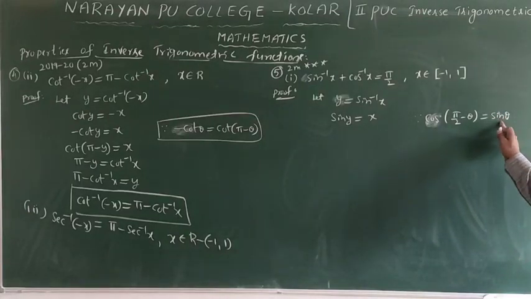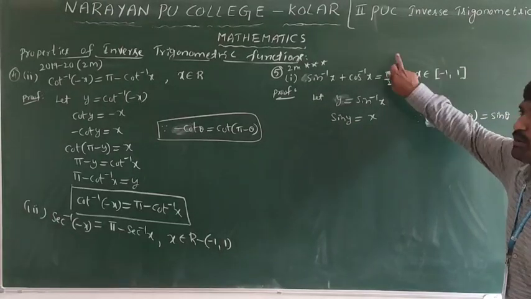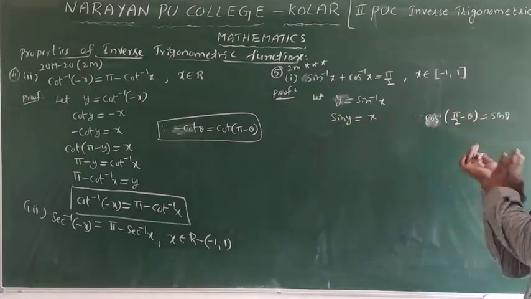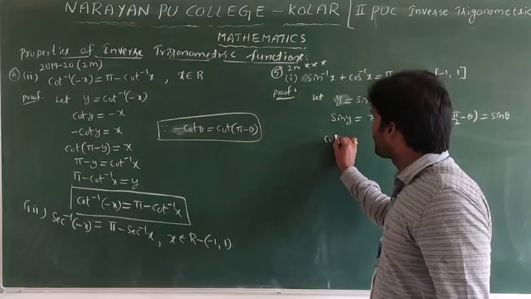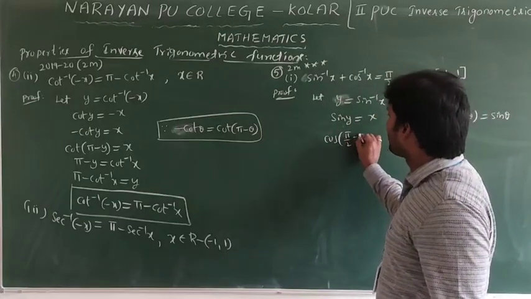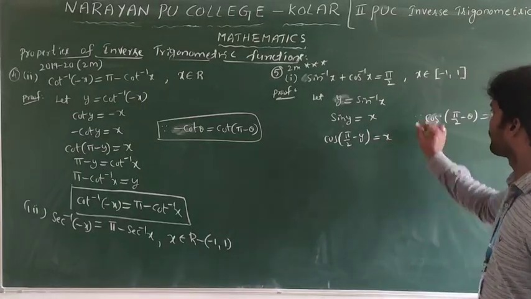Sin theta we can convert in terms of cos, because the term is rectified in terms of the pi by 2 angle. That's why I will change this sin y in terms of cos. Sin y I can write as cos of pi by 2 minus y equal to x.